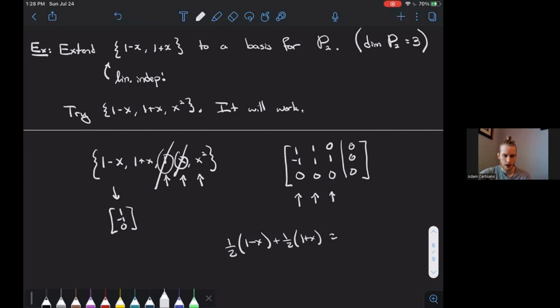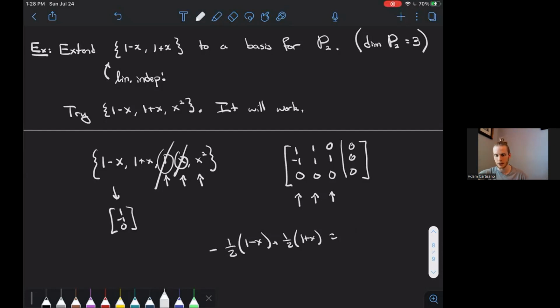The minus and the plus cancel, and the 1/2s add together to get 1. So there's that. And I bet there's a minus sign there. If you do negative 1/2 the first one, plus 1/2 the second one, then 1/2 minus 1/2 is 0, and 1/2 x plus 1/2 x is 1x.